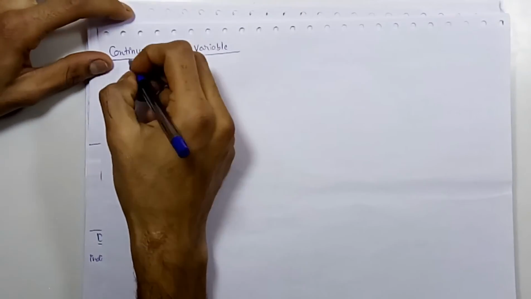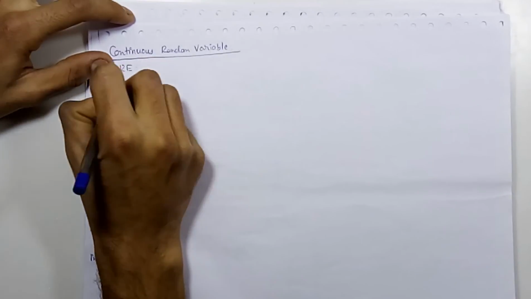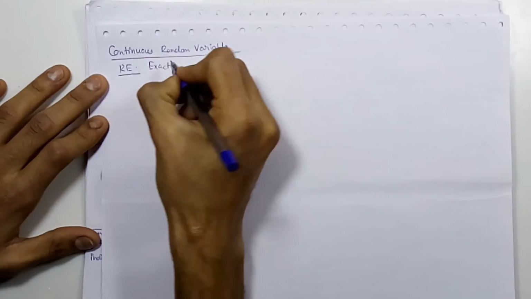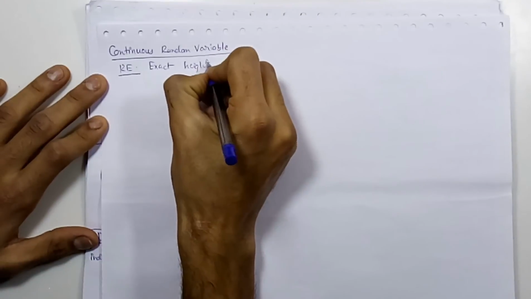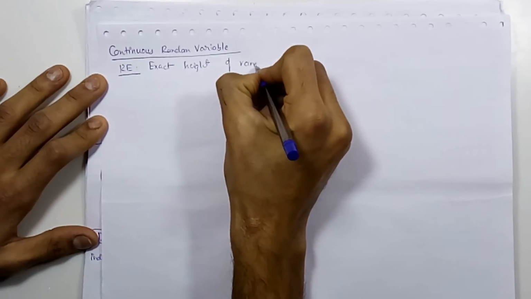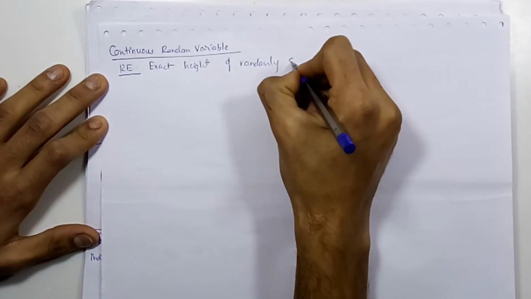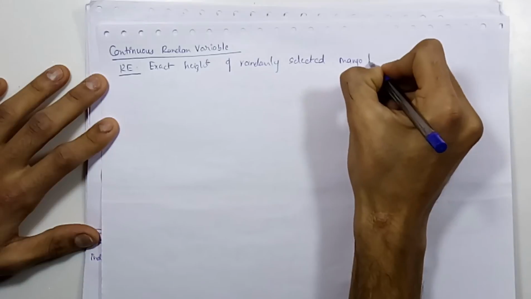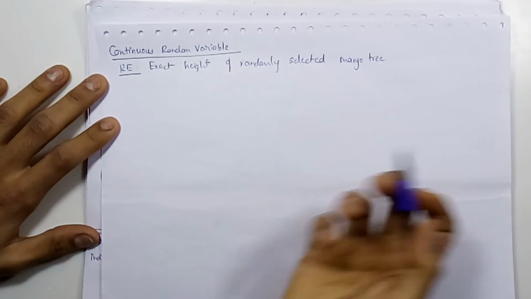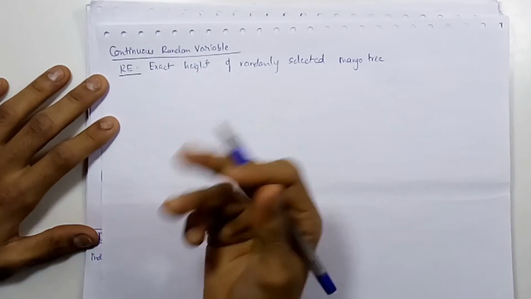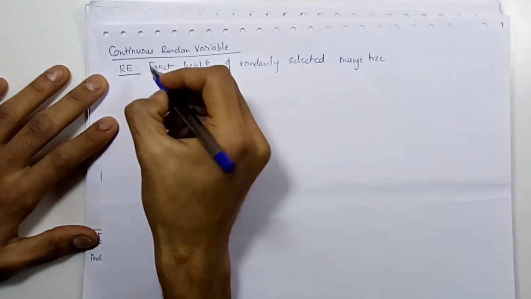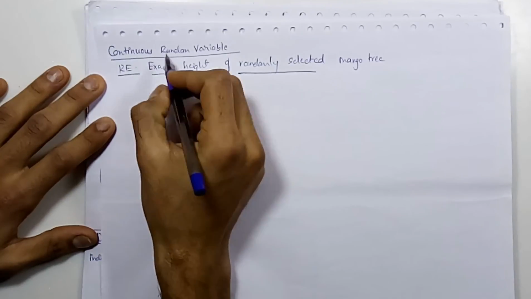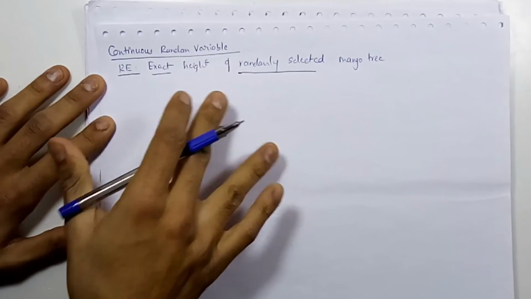Let's say we have a random event, which is to find out the exact height of a randomly selected mango tree in a mango tree farm. The terms randomly selected and exact are very important, and I'll tell you why in some time.